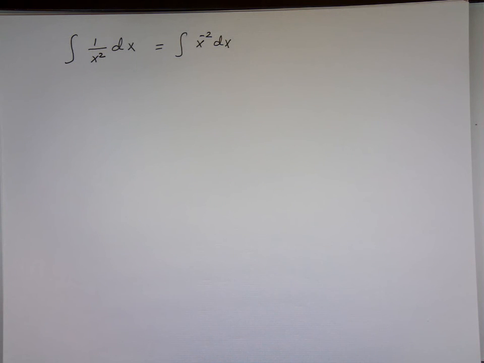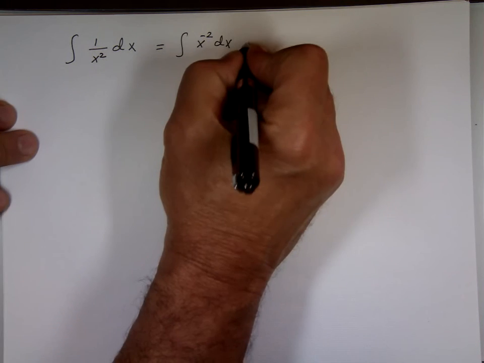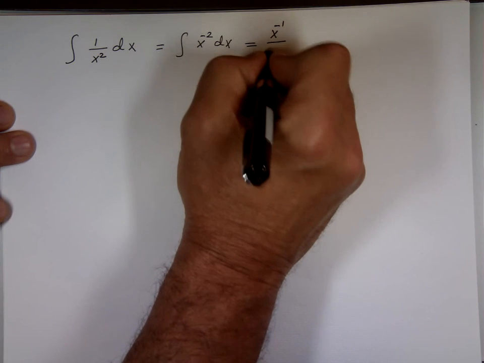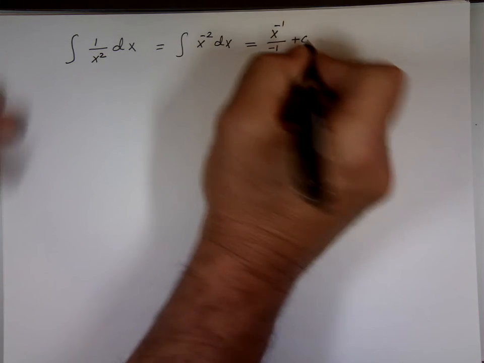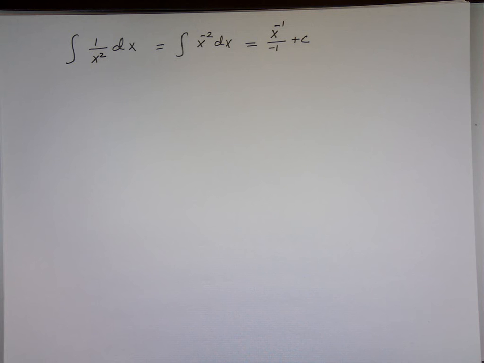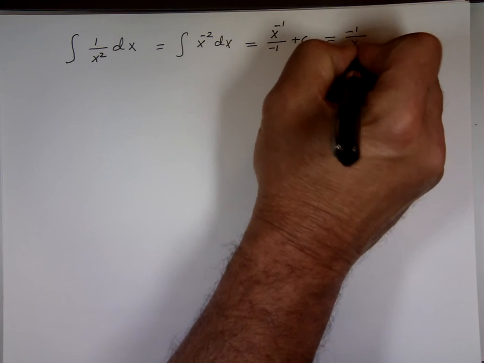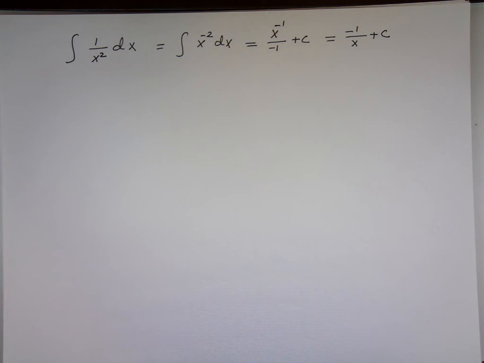Add 1 to the power and divide by the new power. So add 1 to the power, what are you going to have? X to the -1 over -1 plus c. And what's x to the -1? Isn't that 1 over x? I like the minus on the top. And that's my answer.